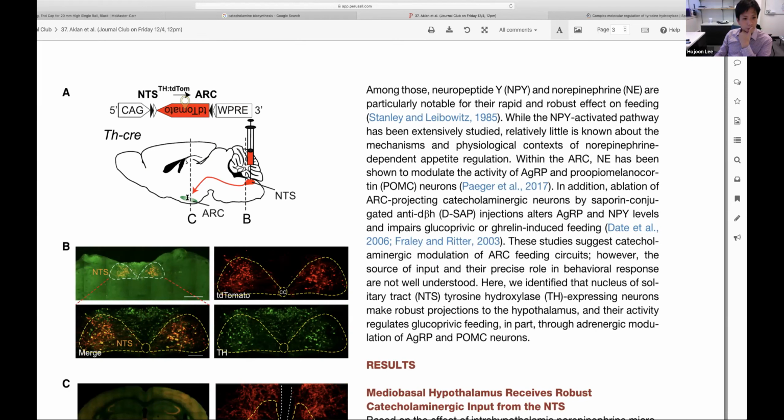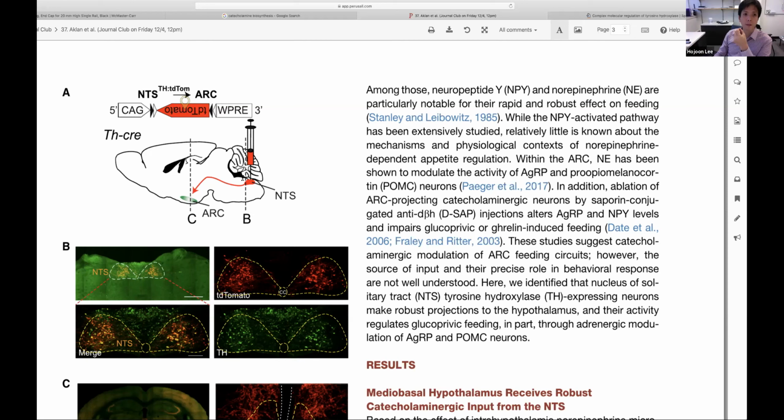Right? I was just a little bit confused because wouldn't the TH neurons be the ones that are expressing tdTomato, right? So they'd appear red, but then why are these other TH neurons green? What's the difference? I think that's where I was getting a little bit confused. That are green but not red? Yeah. It's an antibody labeling they did for TH.